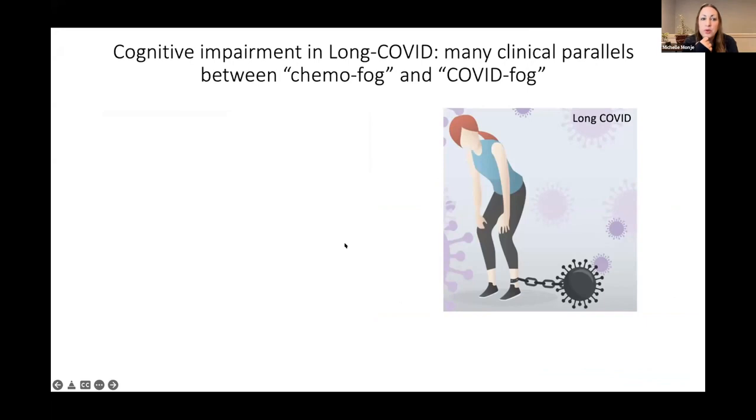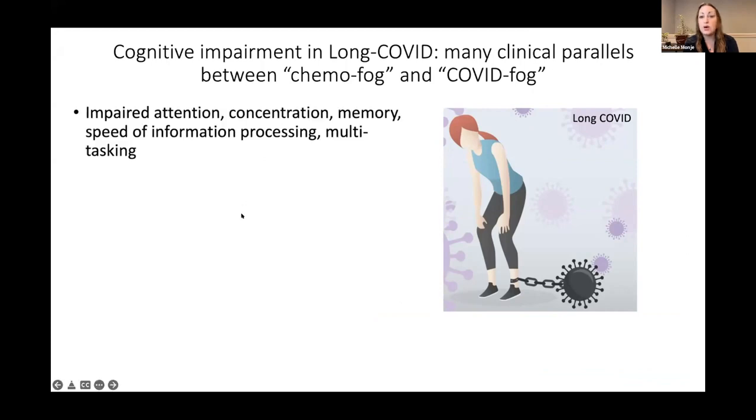And so, noting this really reproducible syndrome of cognitive impairment that occurs after chemotherapy, sometimes called chemofog, there are really stark parallels between that and the cognitive impairment that's now being reported after even relatively mild COVID. This so-called COVID fog, or the brain fog associated with long COVID, is characterized by impairment in attention, concentration, memory, speed of information processing, and multitasking, really very clinically similar to what we see after cancer therapies.